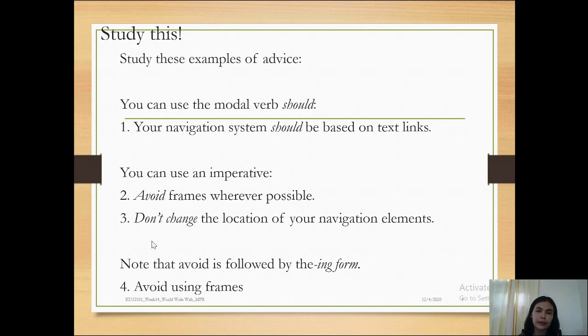And you also need to make sure that when you're using the word avoid in the imperative, the verb must be followed by verb-ing. So for example, you don't say avoid use, you say avoid using, or avoid taking, avoid cutting, etc.